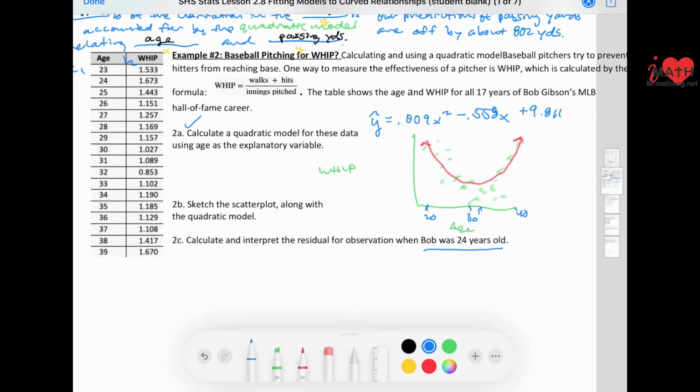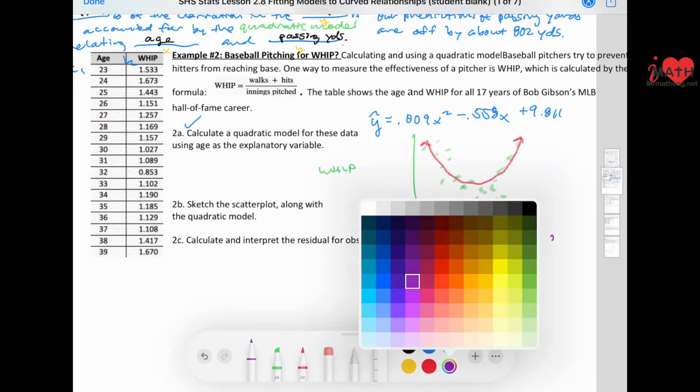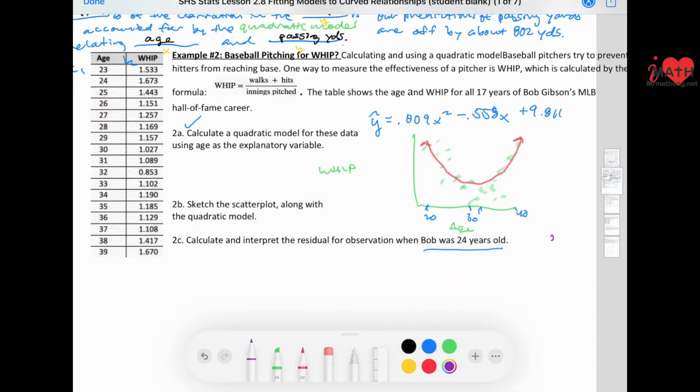So basically, where is Bob at 24? Well, our prediction would probably show something around, I don't know, the max was about 1.75 and a low of 0.8. Somewhere around there. Maybe like 1.2.